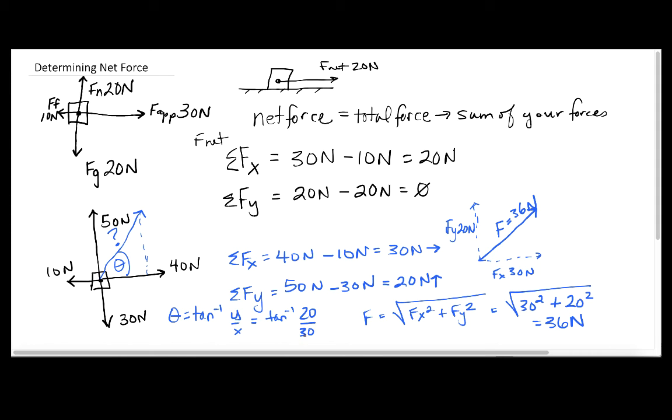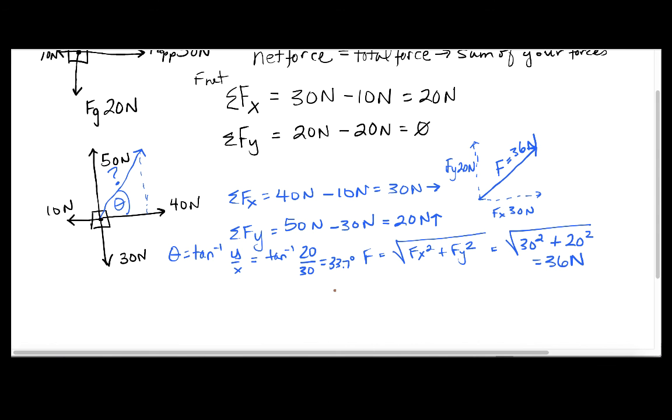So the inverse tan of 20 over 30, and you get 33.7. Now remember that we're trying to describe this net force. So F net is a vector with a magnitude of 36 newtons going at an angle of, we'll call it, 34 degrees.